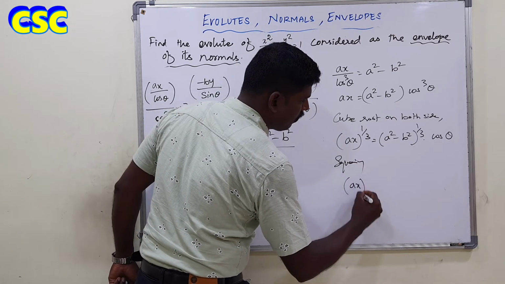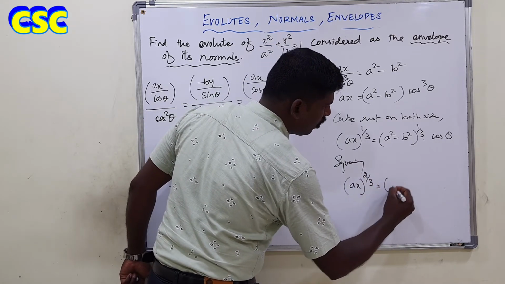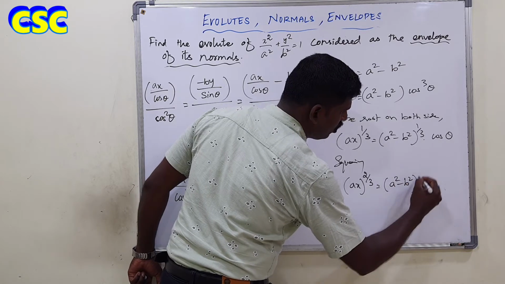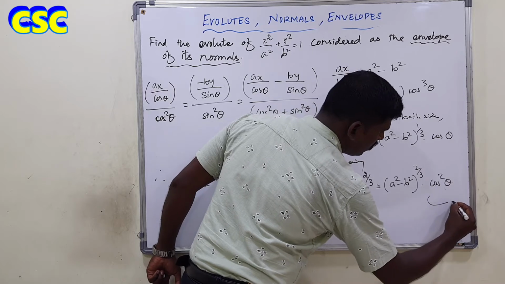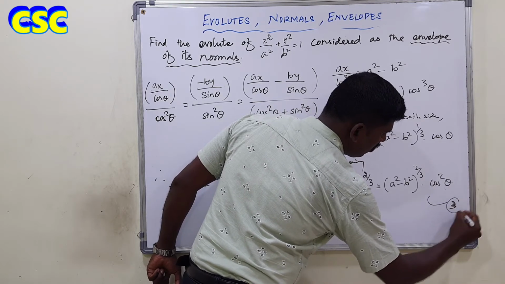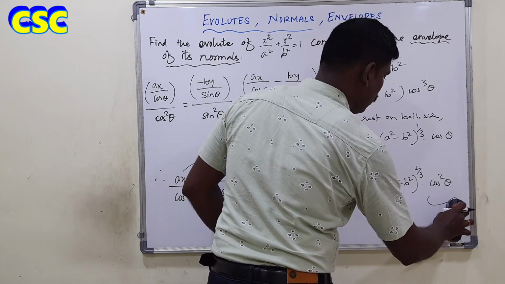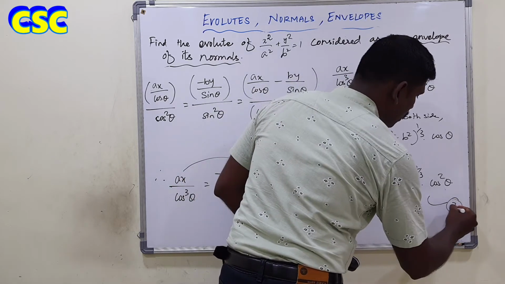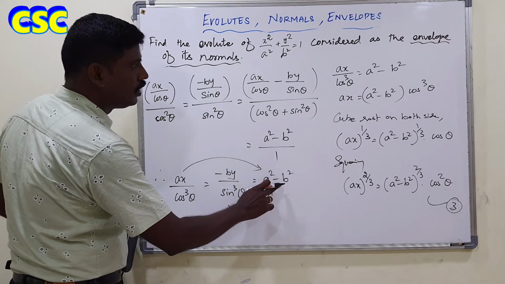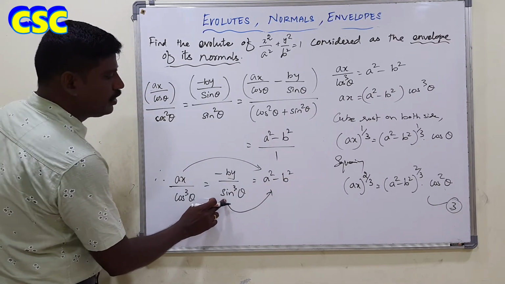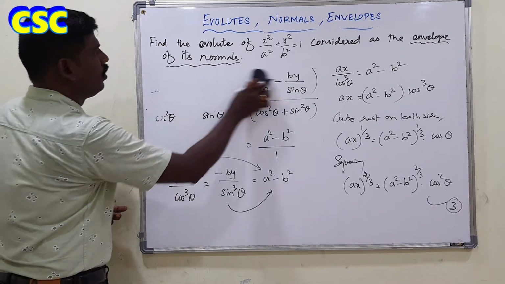It becomes ax power 2 by 3 equal to a square minus b square to the power 2 by 3 into cos square theta. I call it equation number 3. Now I have equated the first ratio with the third one. Same method, I am going to equate the second ratio with the third one.